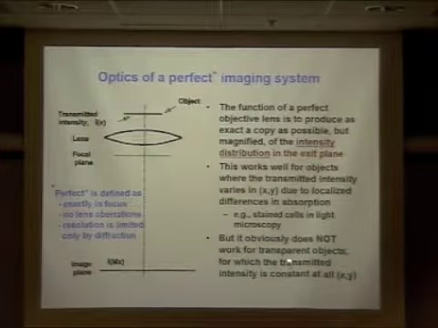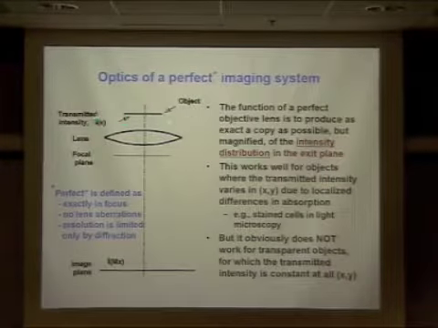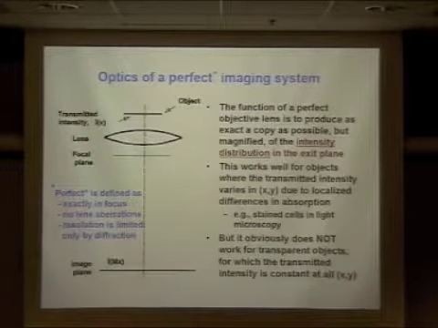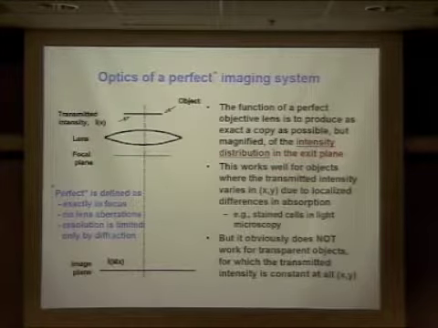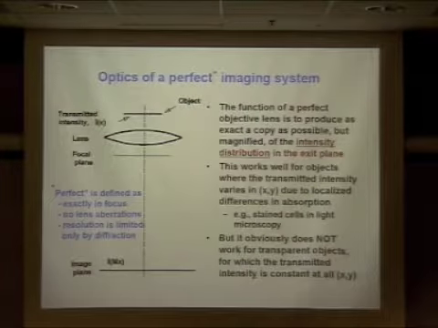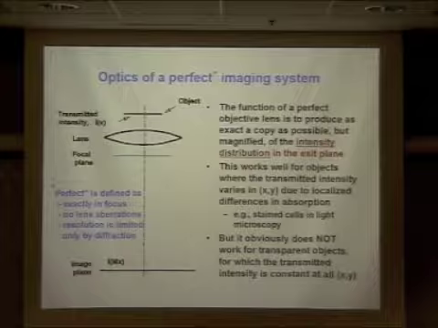But it obviously does not work for transparent objects because if the object is transparent, there is constant intensity. And you bust your buns trying to get an image that gives you an exact magnified version of this constant intensity, and then you're disappointed when there's no contrast. Obviously doesn't work for transparent objects.